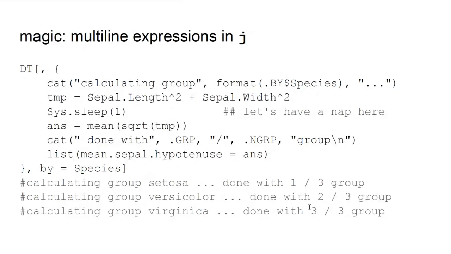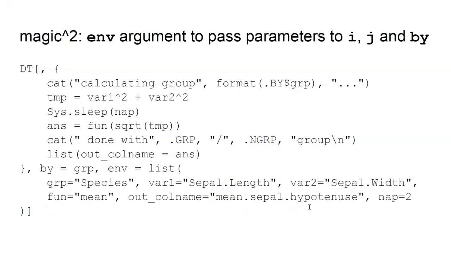So this is magic number 1. Then magic number 2 is a new argument that was just released a few days ago in the CRAN version of data.table. It's basically a way to specify whatever there is in i, j, and by as a variable, like character variables.